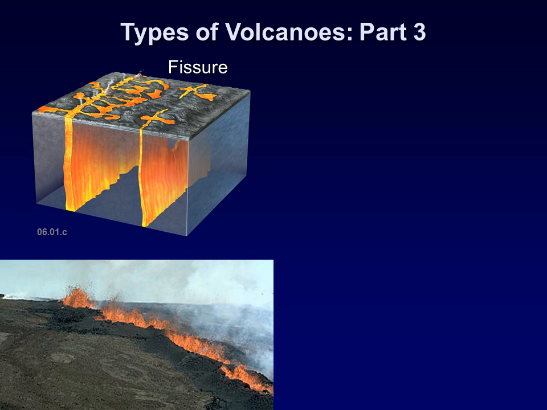So there's no hill, there's no big mountain, there's not even really a crater. It's just a crack in the ground where lava is being erupted. And the type of eruption that you usually get at a fissure is a basalt flow.